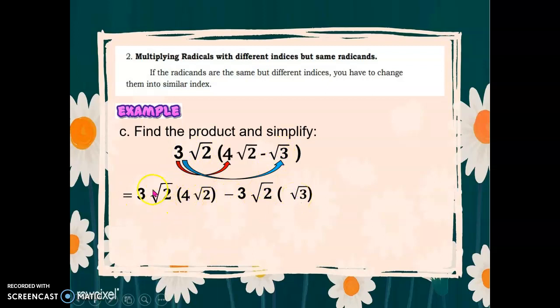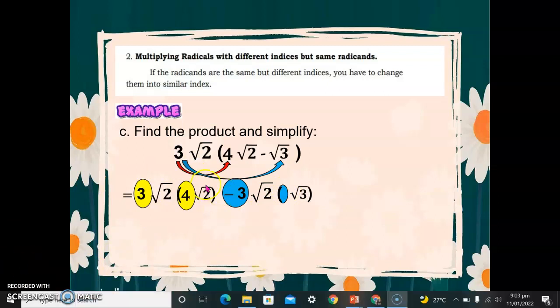So, pwede na po natin i-apply to. Coefficient to coefficient, common radicand, radicand to radicand. So, ganun din dito. So, ayan. Naka-color coding tayo. Since wala pong number na nag-appear before the radical, so, understood na yan ay 1, ayan, distributive property lang po ito, ha.